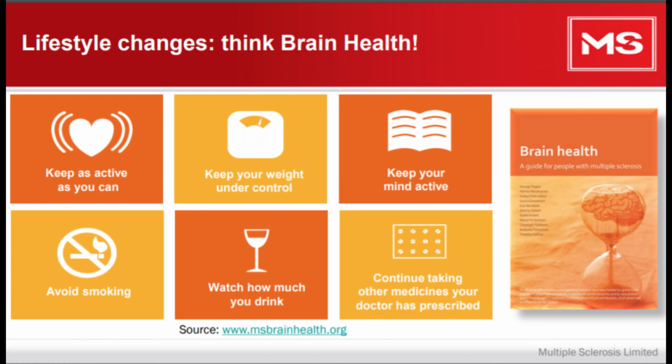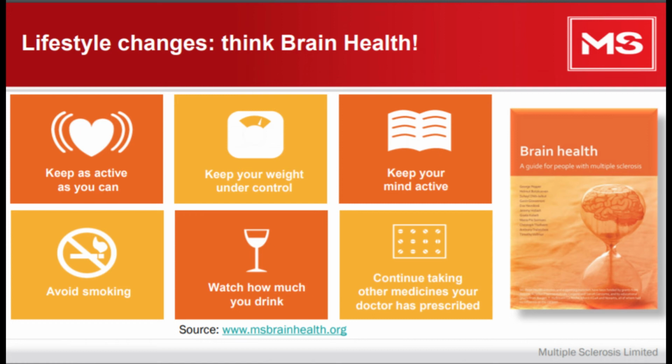Avoiding smoking is really important, because cigarette smoking is associated with a lower brain volume in people with MS and with higher relapse rates and increased disability progression and more cognitive problems and reduced survival compared with not smoking. So smoking in MS is very strongly contraindicated.